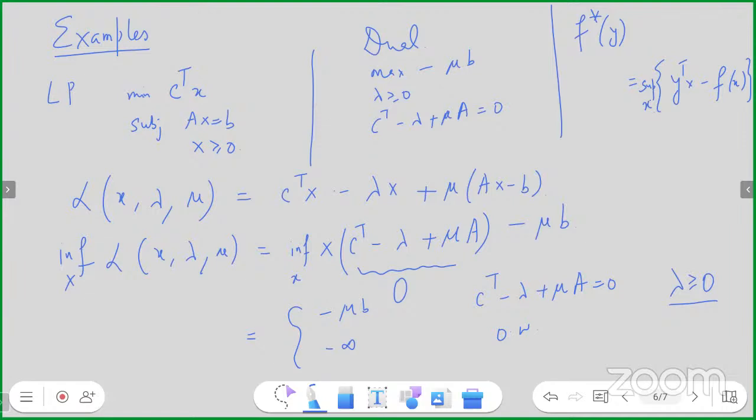Yes, but when you formulated that Lagrangian, you focused on lambda equal to 0, but you don't care what mu means. Yes, so I didn't care about mu here. I'm not putting any constraint on mu being smaller than anything. Mu is unconstrained. All it has to do is to satisfy this constraint. That is all.